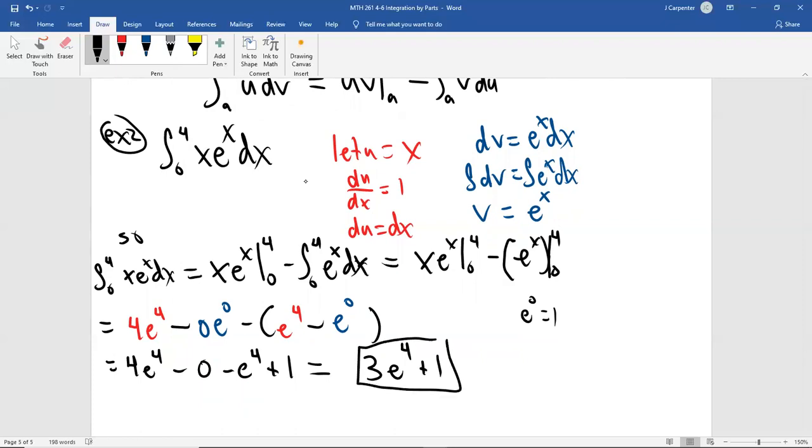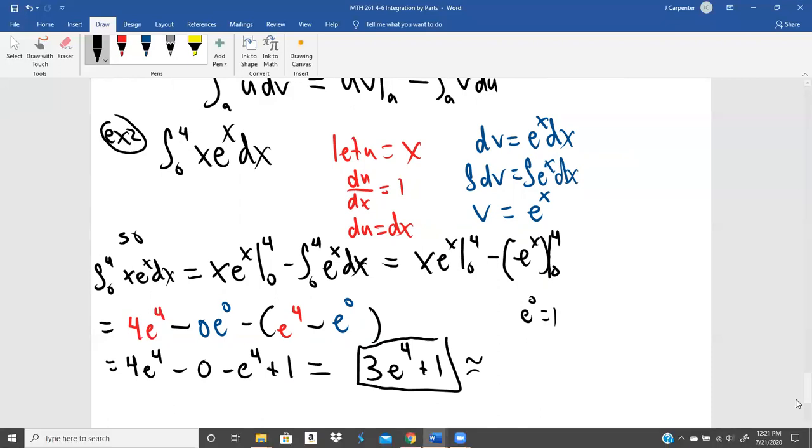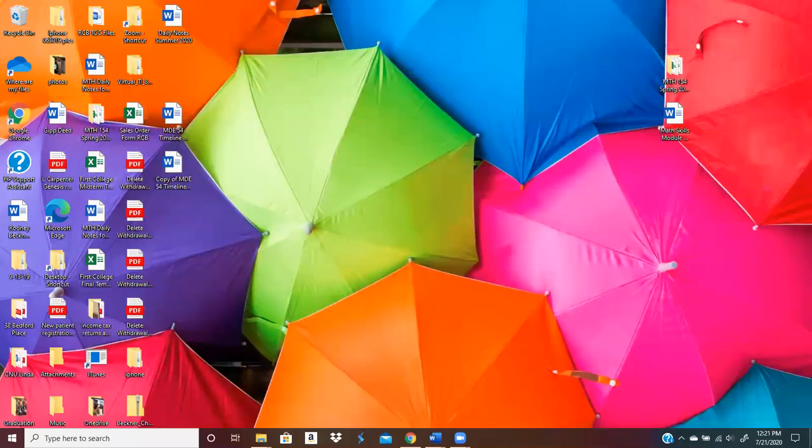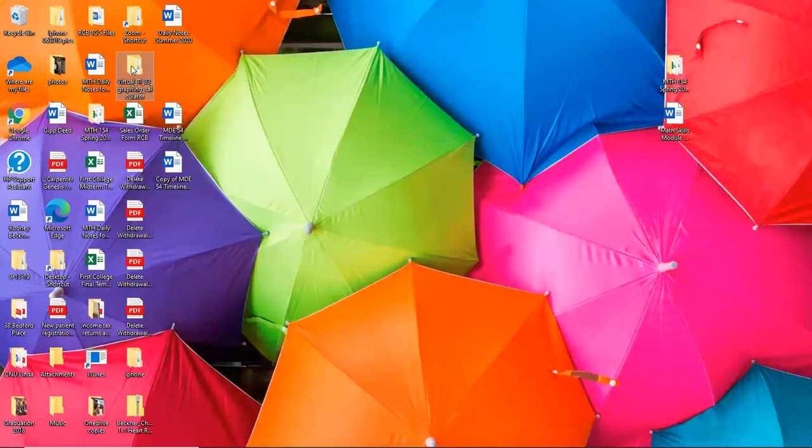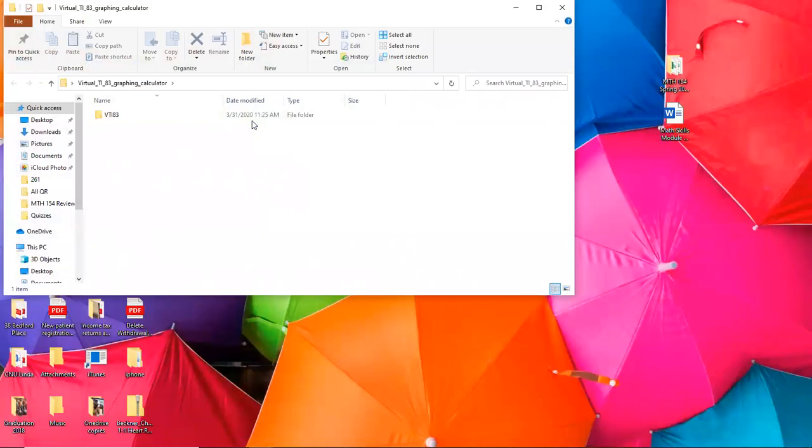If this was an application, you might want the approximation to that, which is 3e to the 4th plus 1. Plug it in on your own calculators. I don't want to have to pull up mine. It takes a couple minutes. Actually, I lied. We're going to be ending class early anyway, so let's do it. Calculator.